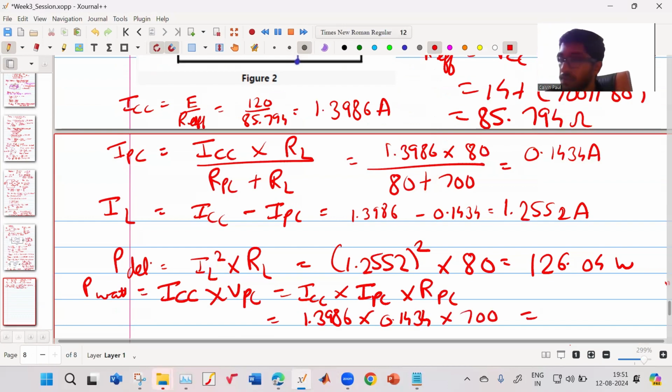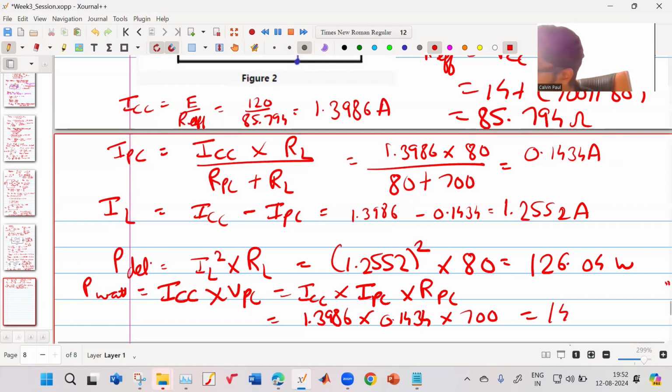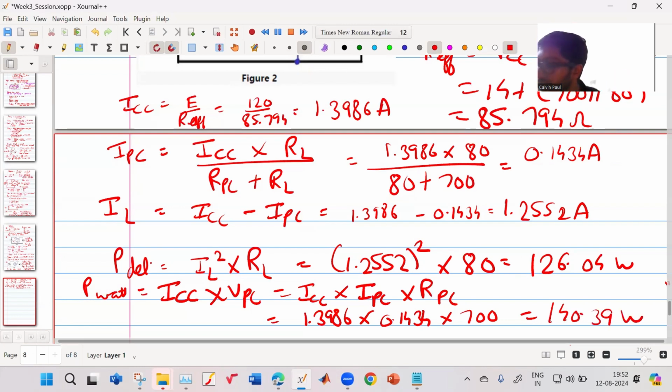So how much is this? 140.39. Yes, so it is actually 140.39 watt.